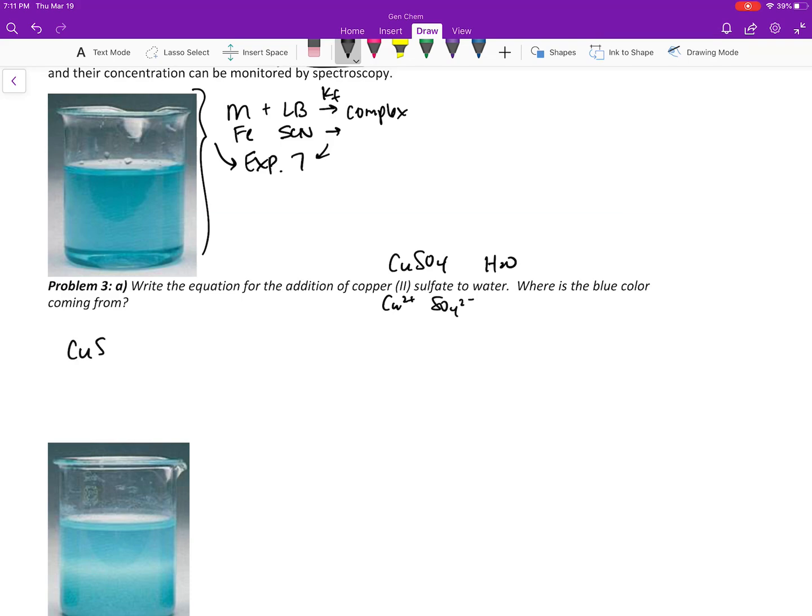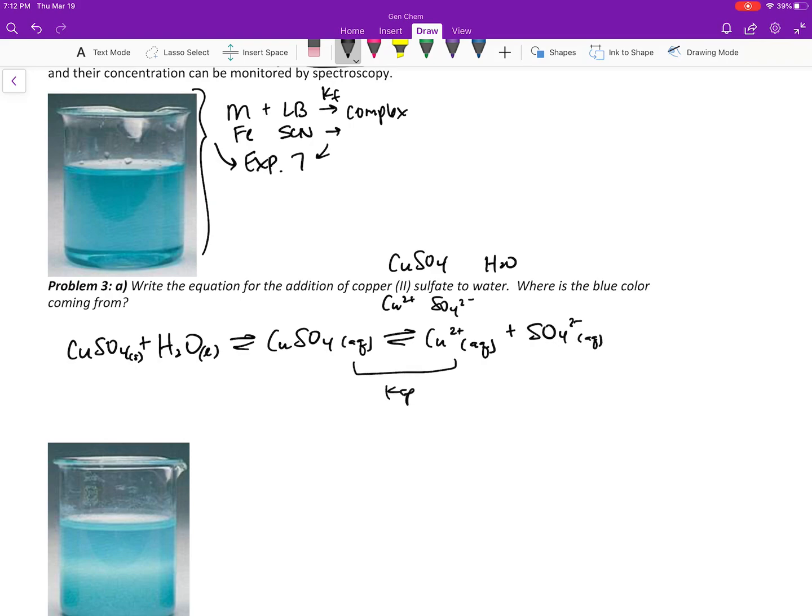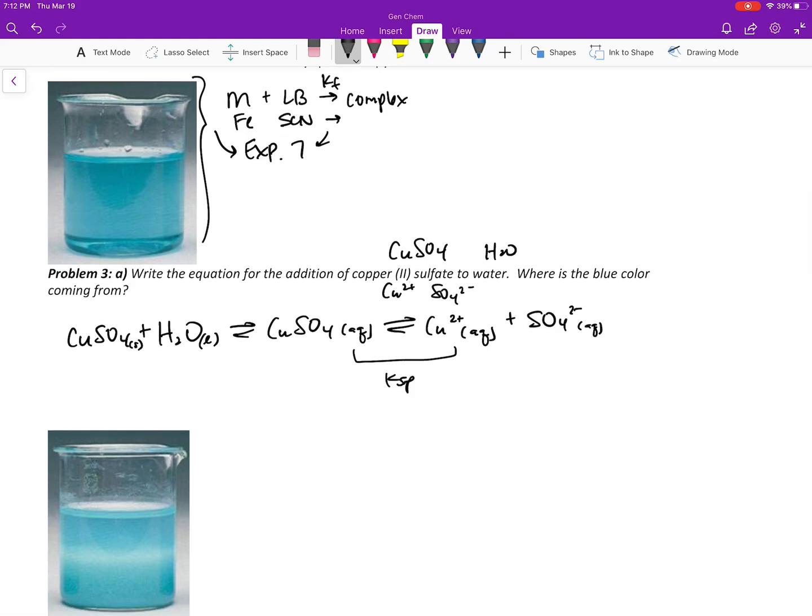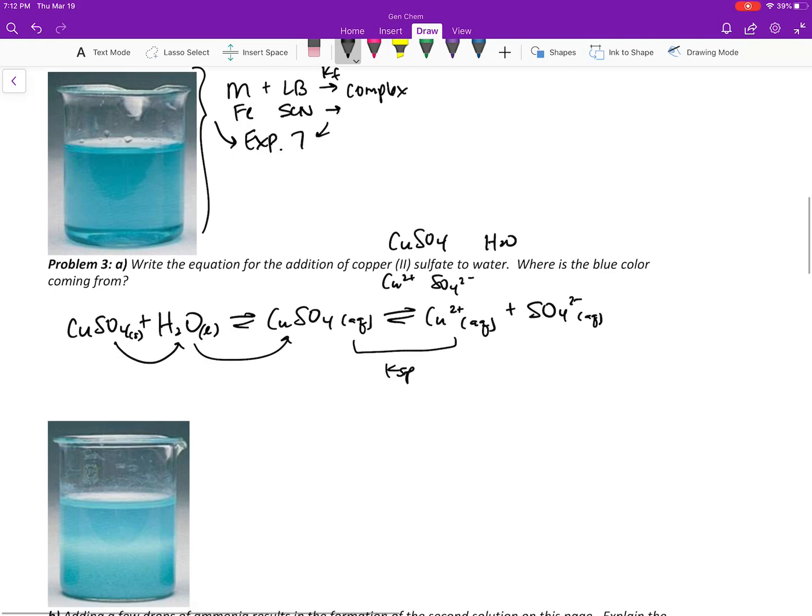So we have copper sulfate, which is a solid, plus water, which is a liquid, which is going to make copper sulfate, which is aqueous, so that's where the water comes from, which is also in equilibrium with Cu2+ and sulfate ions in solution, because we know that it is probably slightly soluble. So the blue color comes from the copper dissolving in water to form the copper sulfate aqueous solution.